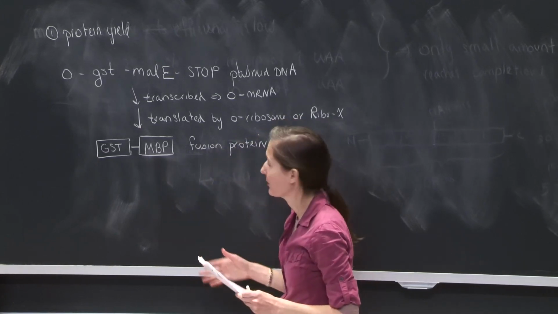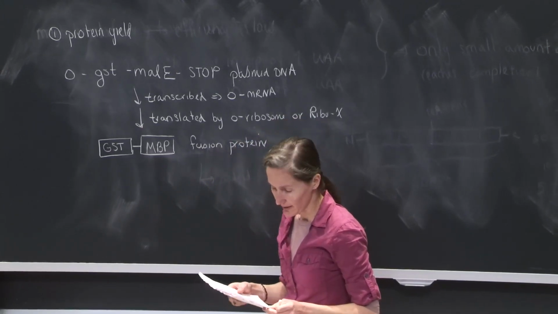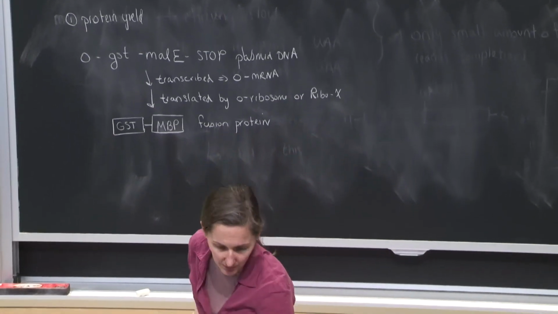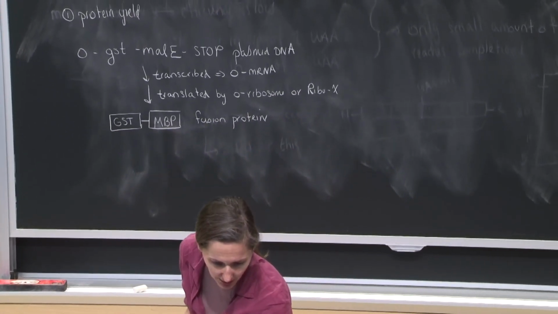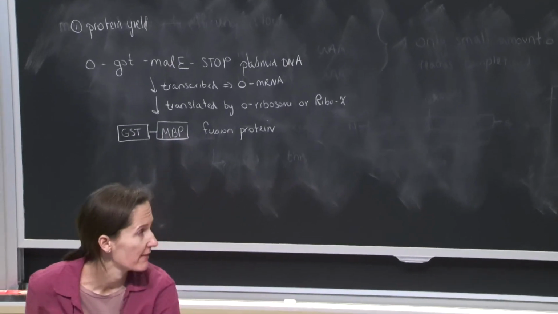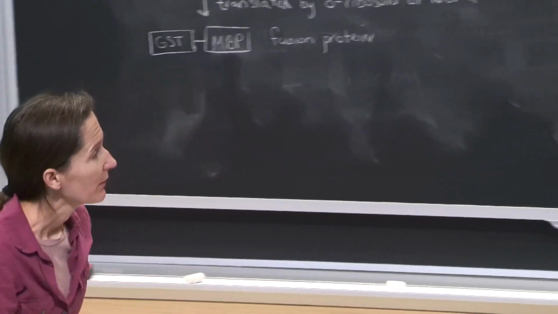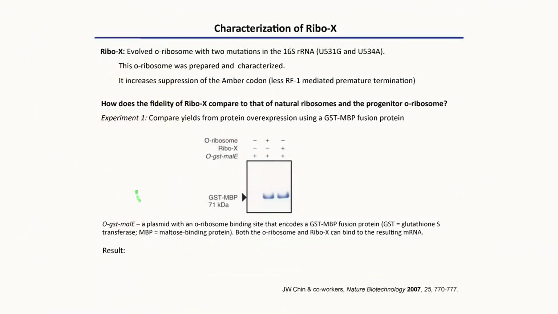Okay, so just the first question is, how does the yield of protein compare? Are they doing a similar job, or were these two mutations detrimental? Okay, so here's the result from this experiment 1 looking at protein yield. Again, we're looking at an SDS page gel that's being stained for the protein.